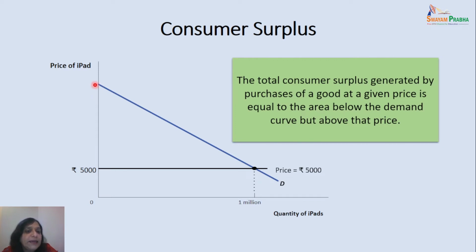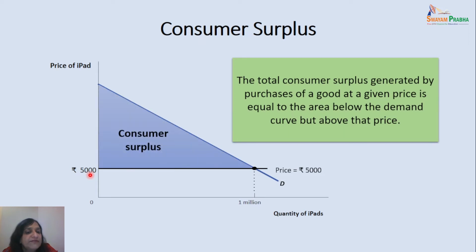Any price in this particular area, above 5,000 and on this blue line, shows the various price levels the various consumers are willing to pay. But they are actually paying how much?